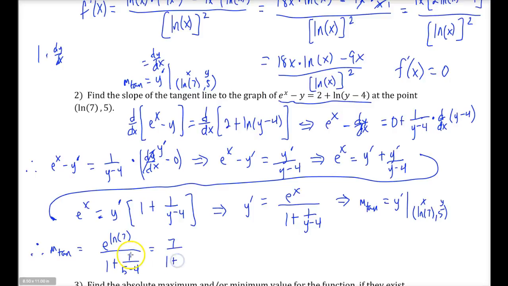And we have 1 plus 1 divided by 5 minus 4, which is just 1 over 1. So that just ends up being 7 over 2. And so that would be the slope of our tangent line at the point natural log of 7, 5. All right, so let's move on to the next problem.